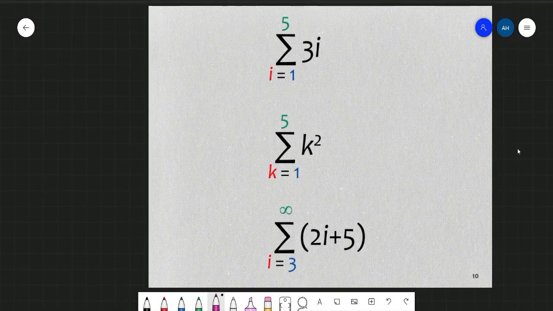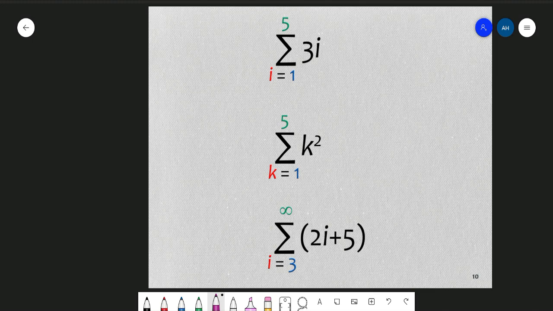Here I just want to highlight a few things. Number one, as we mentioned many times, the variable we should use is i when we write in terms of summation notation. Here the variable is i, and i starts from 1 as the lower limit, up to 5 as the upper limit. That's just fine.